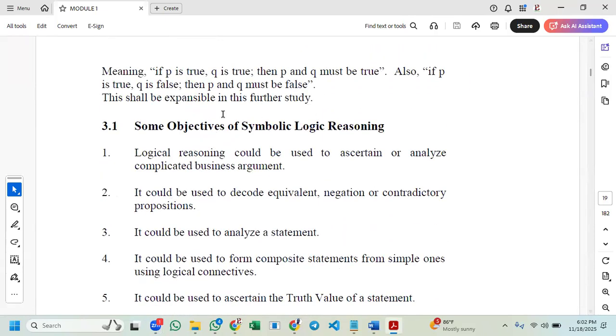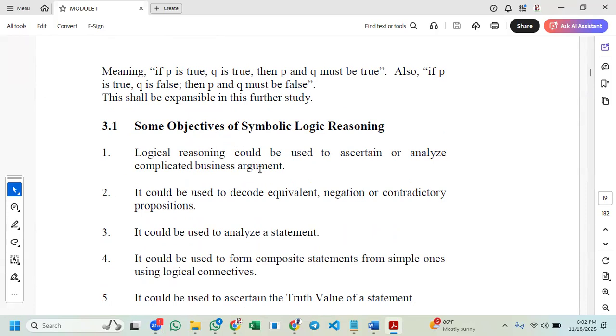Now, some objectives of symbolic logic reasoning. What are the things this symbolic logic reasoning is trying to open your mind to, or what does it entail? The first thing is that logical reasoning could be used to ascertain or analyze complicated business arguments.